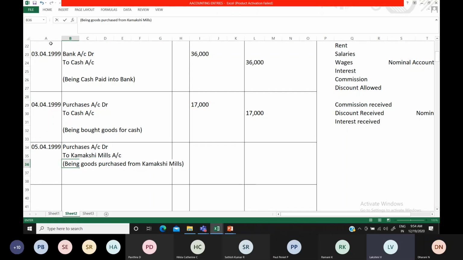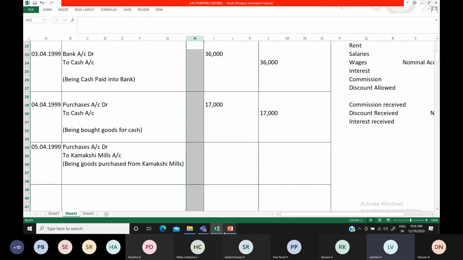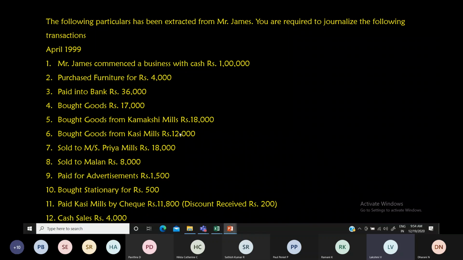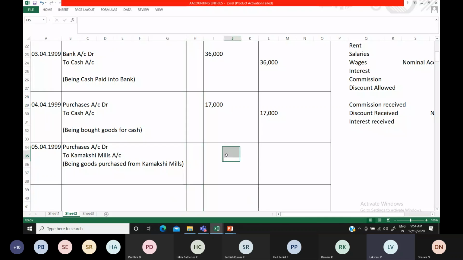Like that you give a narration and the amount accordingly. Whatever amount is given to you, bought goods from Kamakshi Mills 18,000, just mention 18,000 in the debit and credit columns.